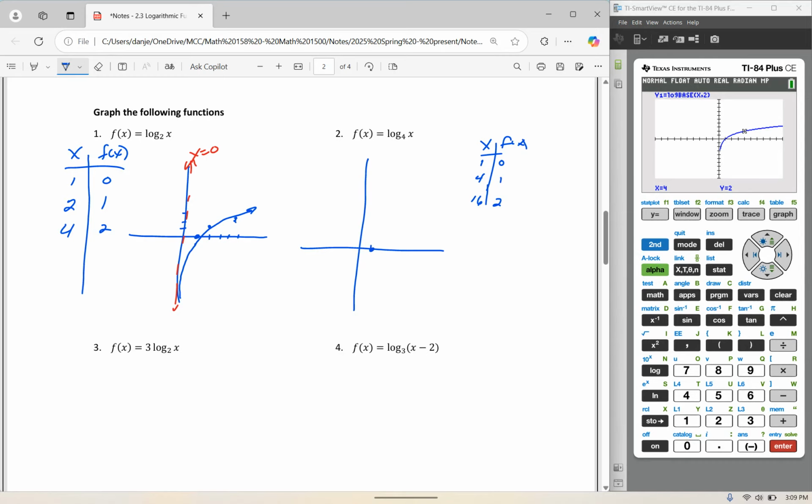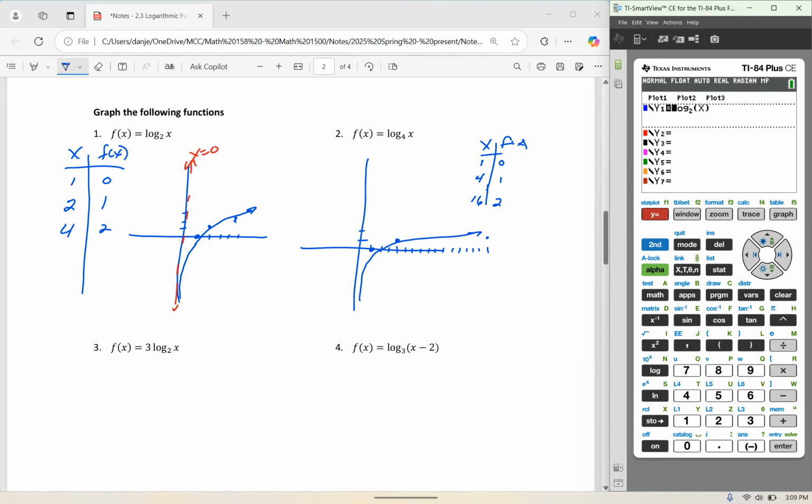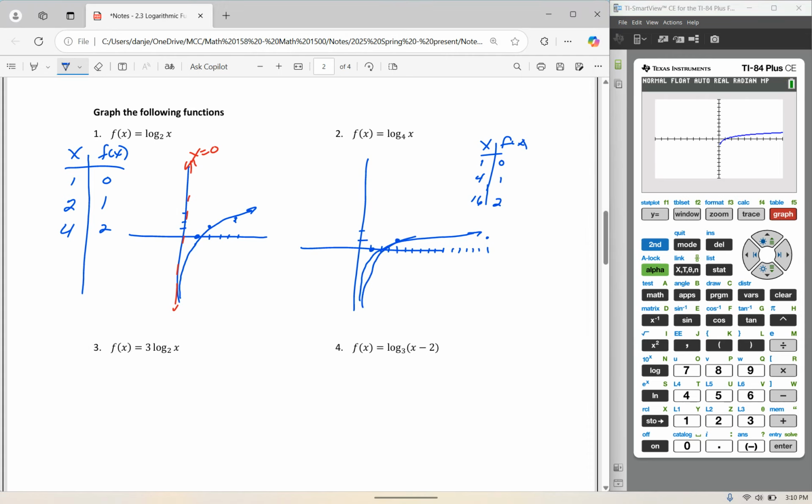So here's my point 1, 0, 4, 1. I'm going to get all the way out to 16 before I get to 2. And my logarithmic curve looks like this. To double check that, the base is no longer 2, it's now 4. And notice that that's just a little bit steeper, okay?